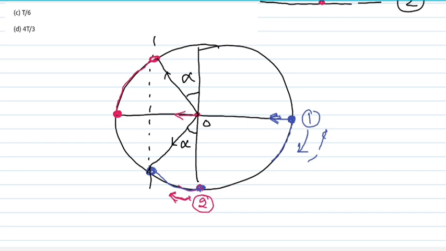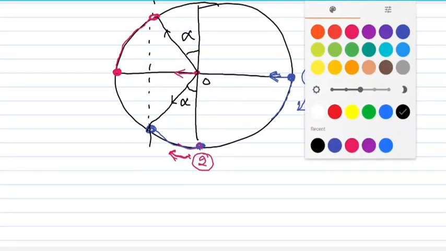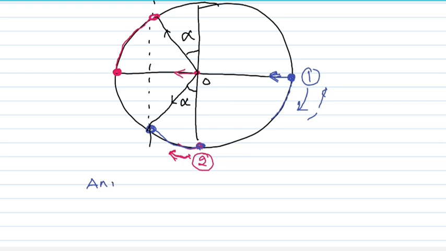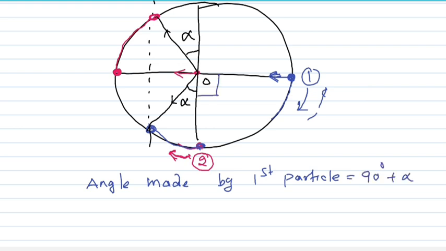So now the angle turned by the first particle is 90 degrees plus alpha. Similarly, the angle made by the second particle: if I imagine this angle as theta, here also the angle becomes theta.